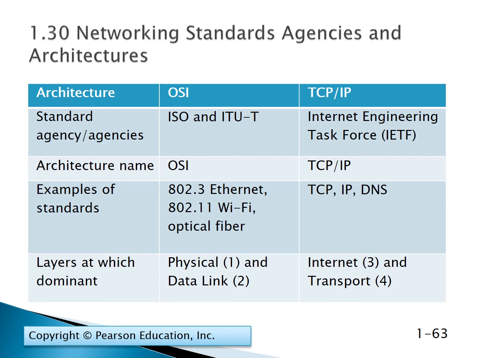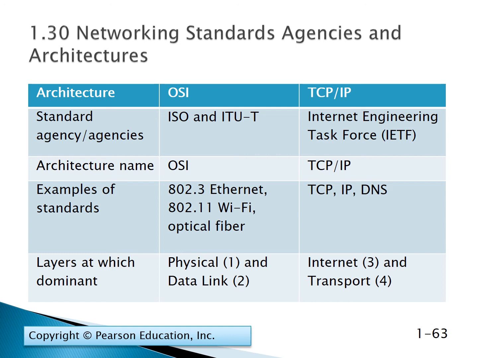They come up with different standards that people follow, and at different layers, one of the two agencies may sometimes be more dominant. For example, OSI is dominant at the physical layer and the data link layer. They come up with a lot of standards in these two layers, like optical fiber, Wi-Fi, and Ethernet.